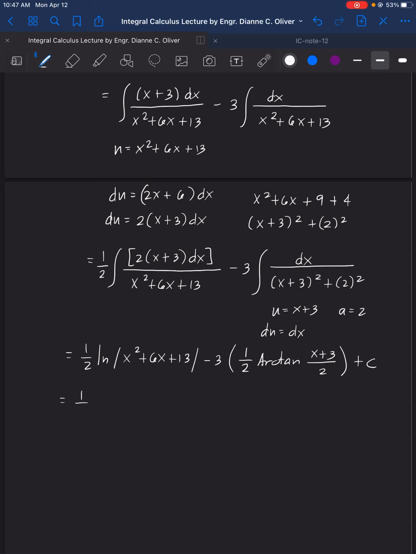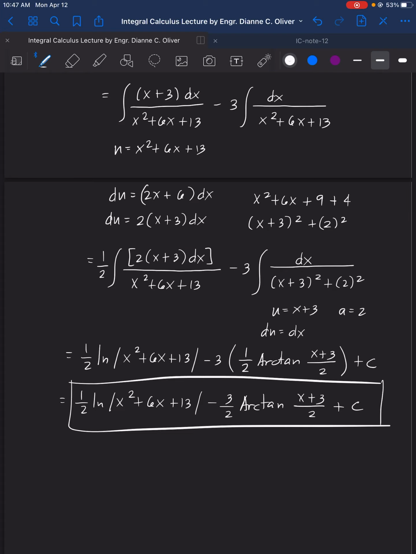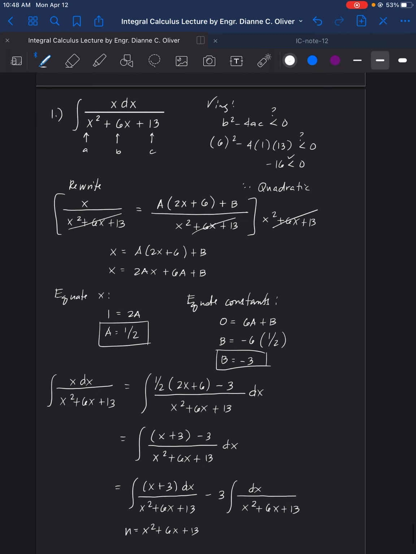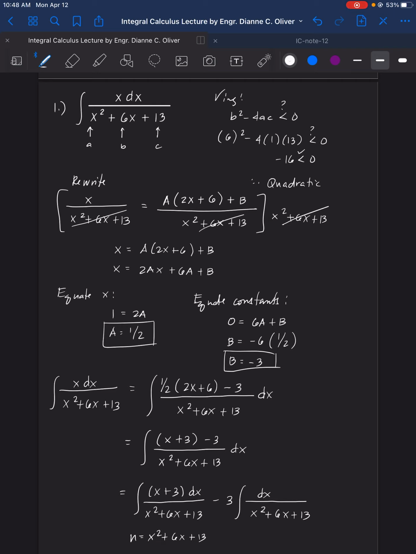Simplify further, we have 1/2 ln of x squared plus 6x plus 13 minus 3 over 2 arctan of x plus 3 all over 2 plus c. That's the answer for number 1. Okay, screenshot first before we proceed.